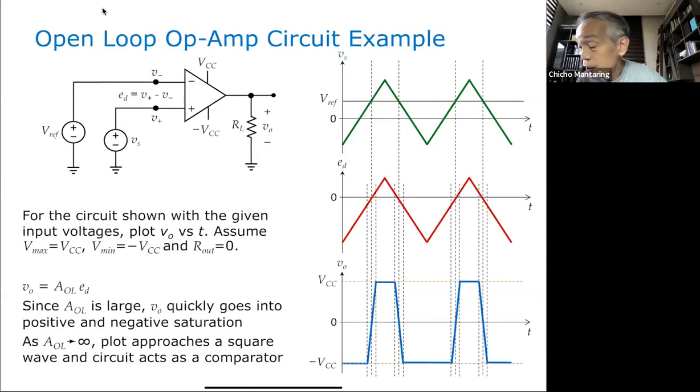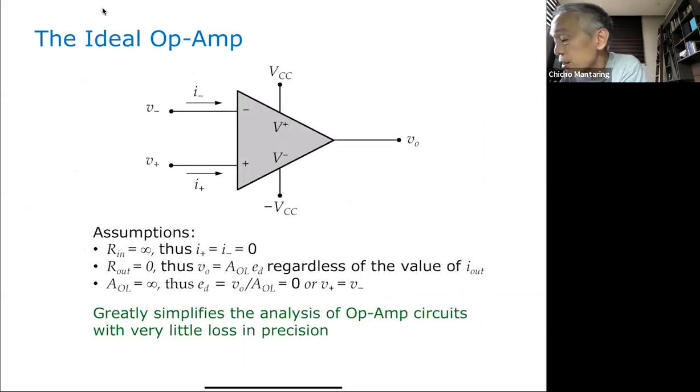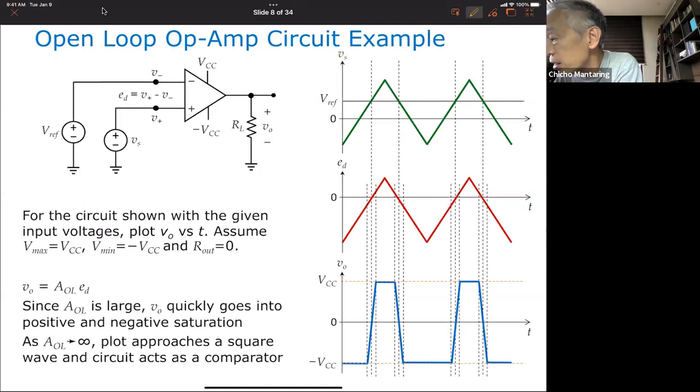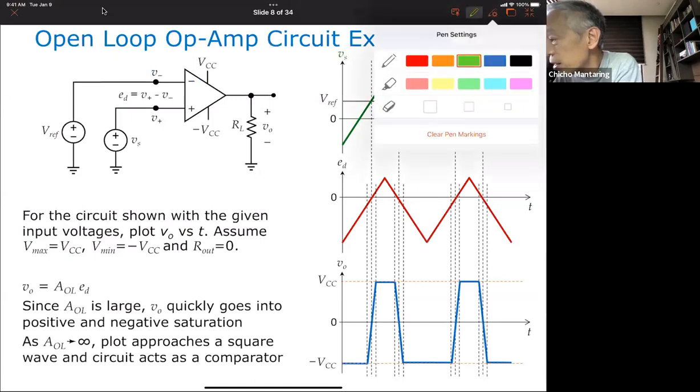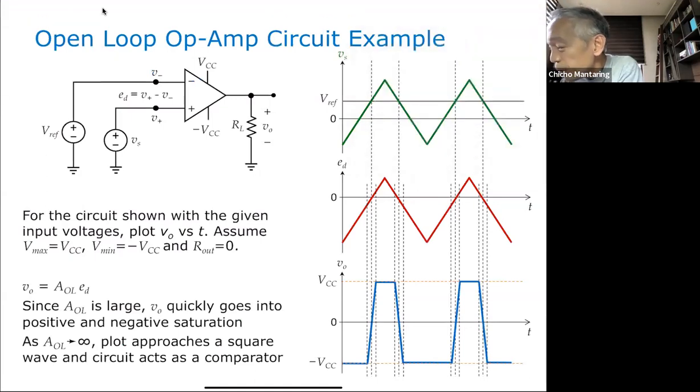Okay, so this is what it's going to look like. So notice at this point here, my output is already saturated, positive saturation. And at this point here, my output is already negative saturated, negative saturation. So I'm only in the linear region here.